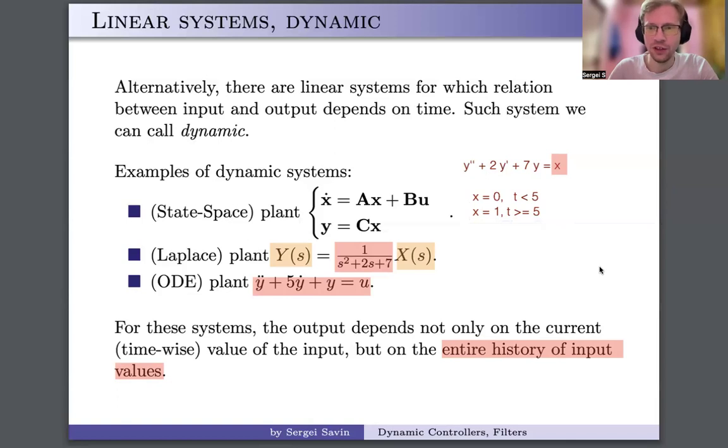So you cannot just look at x currently to determine y. It is not sufficient to just know the time and the current value of x. You have to know the entire history of x and current time in order to evaluate what y will be.